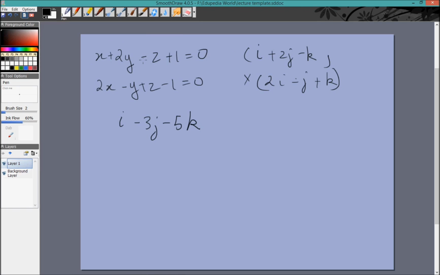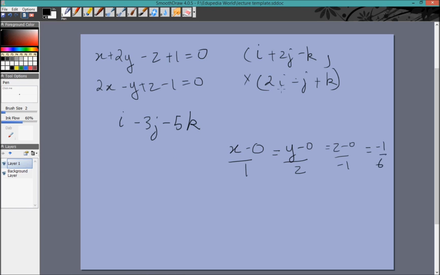So we know the foot of the perpendicular from any point on any plane. It is given by, in this case it will be x minus 0 by 1 is equal to y minus 0 by 2 is equal to z minus 0 by minus 1 is equal to minus 1 by 6. Right, minus (a plus b plus c) by root a square plus b square plus c square.